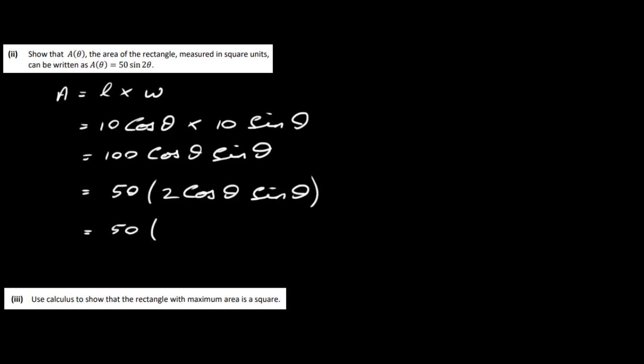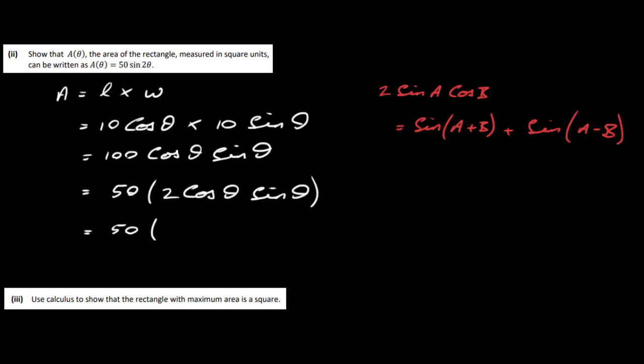and what I'm actually going to do is use this identity here. I'm going to say that 2 sine A cos B is equal to sine of A plus B plus sine A minus B. That's in your maths tables.